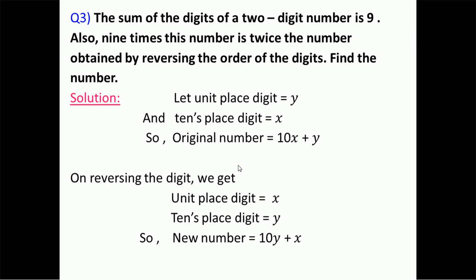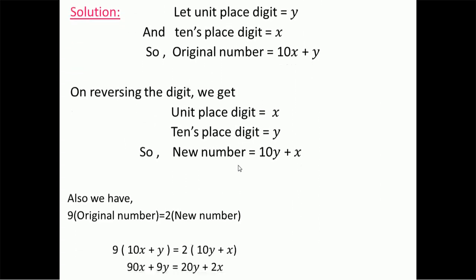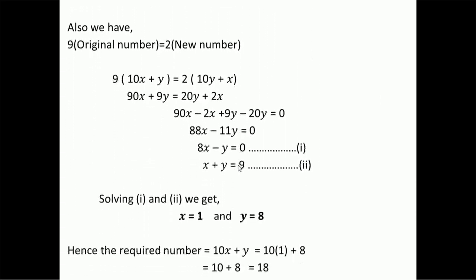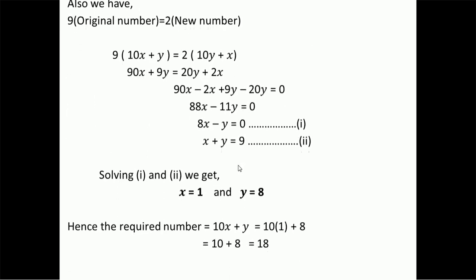The number obtained by reversing the digits means the new number. So we have the equation from this.